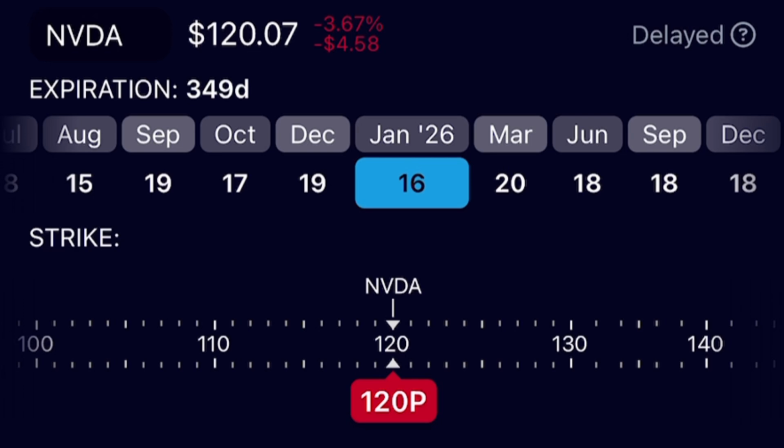The reason being, a year from now, I believe that Nvidia will be above the price of 120, which means that I will keep all of the premium. But if Nvidia does go down to 120 and below in January 2026, I will have to buy the shares, obviously, and I'm willing to buy Nvidia shares at 120 because I feel like it's a steal right now.